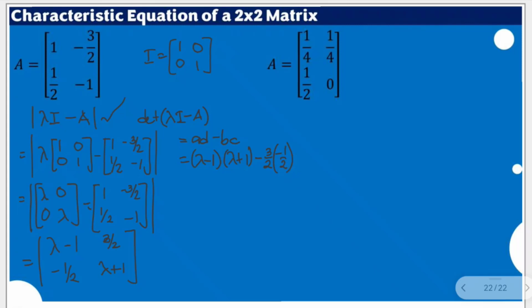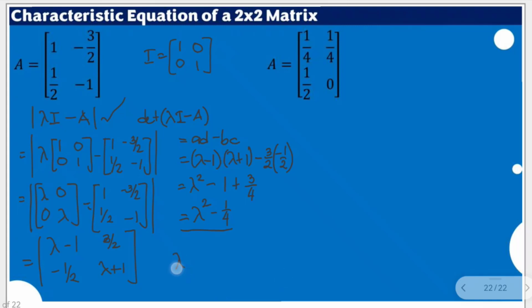So you will have here the product lambda squared, of course, difference of two squares, minus 1, and then plus 3/4, because negative times negative is positive 3/4. So your characteristic polynomial is lambda squared minus 1/4, as it is negative 4/4 plus 3/4.